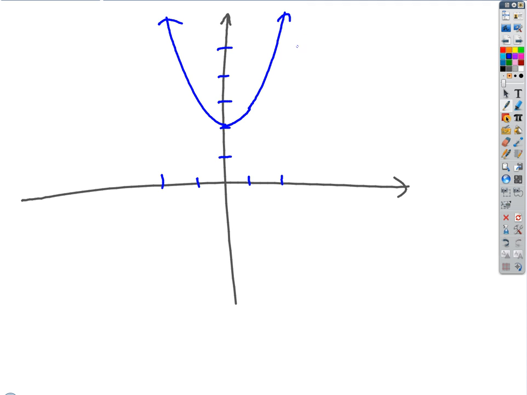But we decided that there was a little place at 1 where it was undefined, right? And here was our function. We were taking the limit of that as x approached 1.